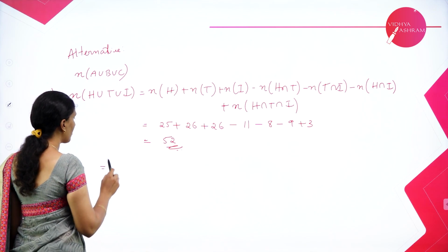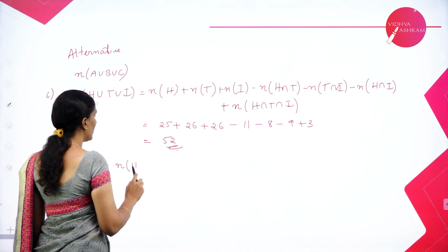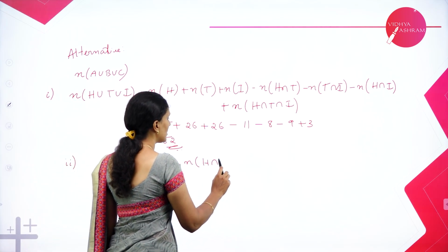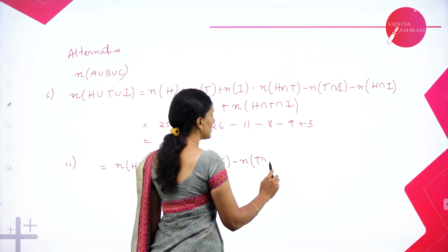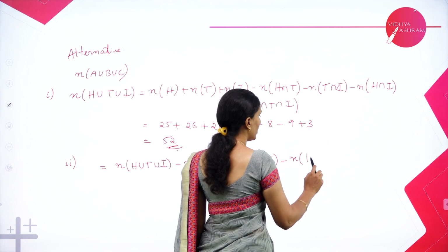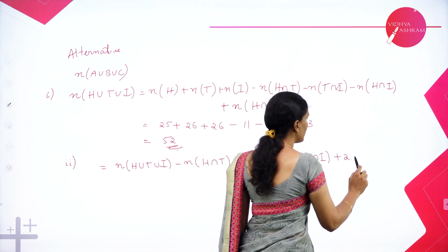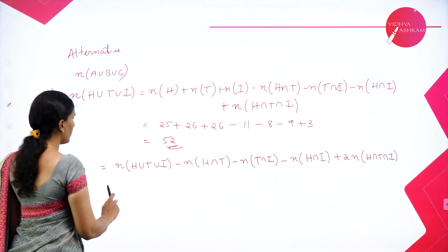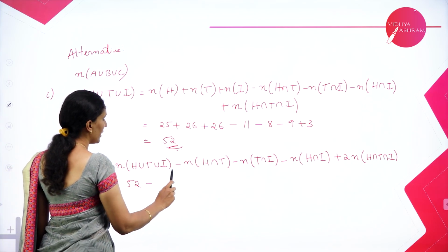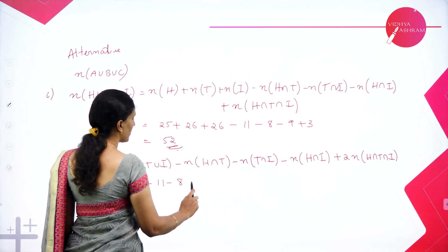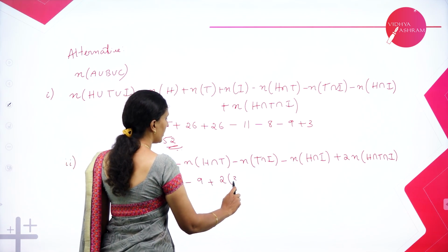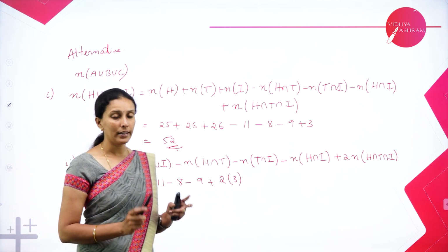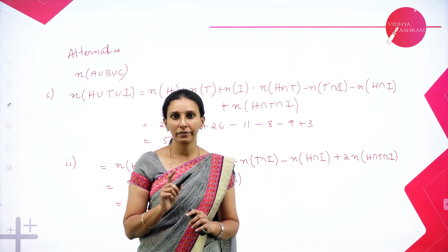So therefore, we can subtract from the union in this form, that is N of H union T union I minus N of H intersection T minus N of T intersection I minus N of H intersection I plus 2 times N of H intersection T intersection I. So which can be written as 52 minus 11 minus 8 minus 9 plus 2 times 3, and when you solve this, you will get the answer as 30. So therefore, in total there are 30 people who read exactly one newspaper.